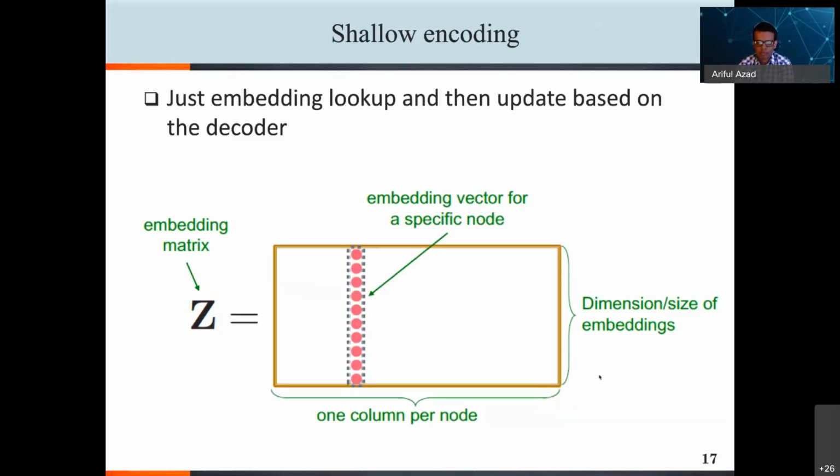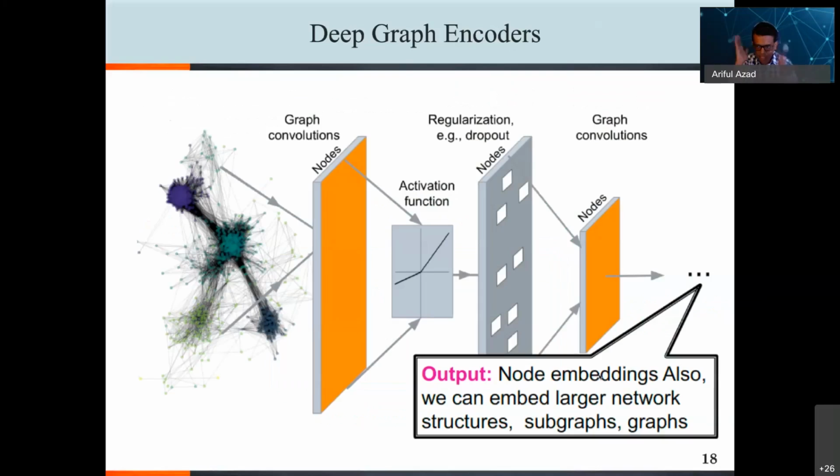And in recent years, this encoding can be designed using deeper neural networks. So we can place multiple layers, use nonlinear activation functions and so on. I'll discuss a few of them later. And then we get an embedding out of it.